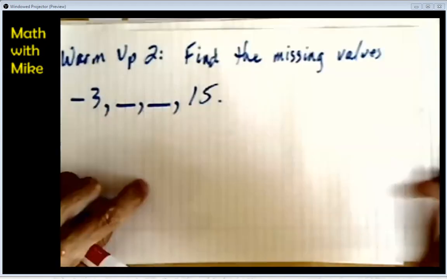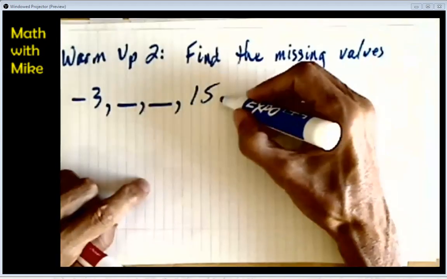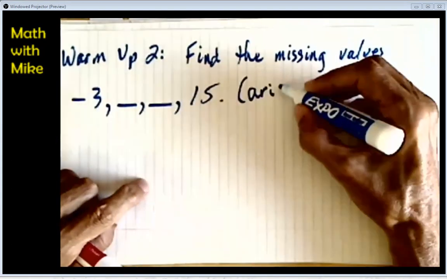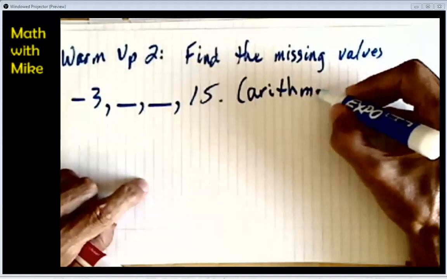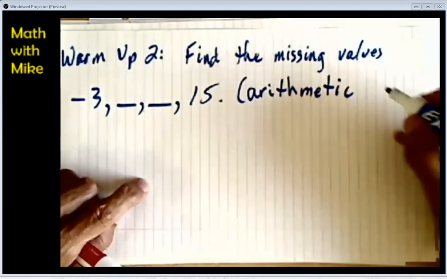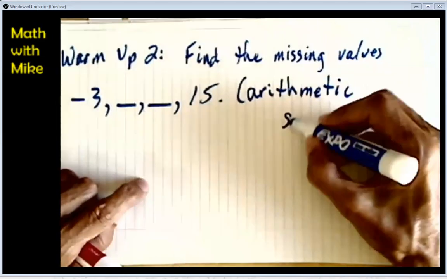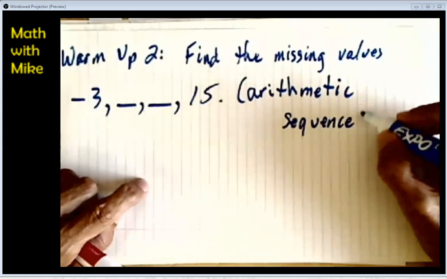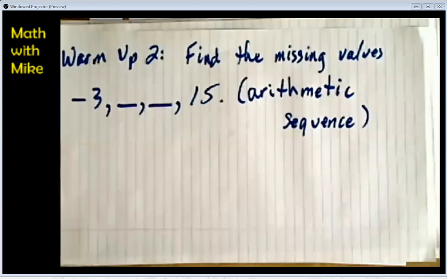And I should point out that what we have is an arithmetic sequence, which means we added the same number every time. There are other types where you multiply or divide, right, to get the list.